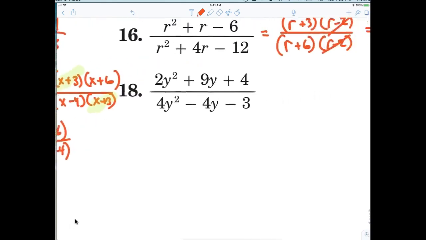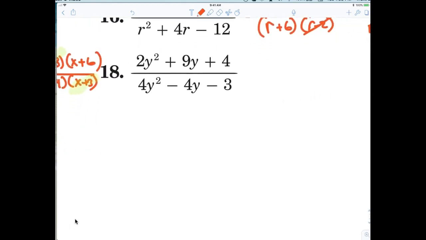All right, let me give you 1 minute to try 18. Everybody try 18. You get 18 right, you're in good shape. Always remember to factor the GCF. Is there a GCF in this one?